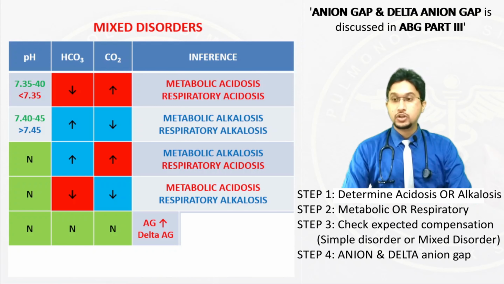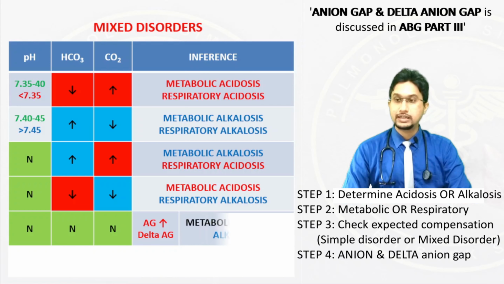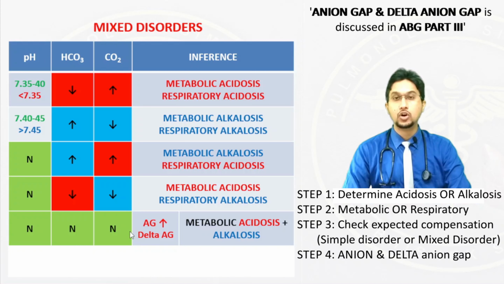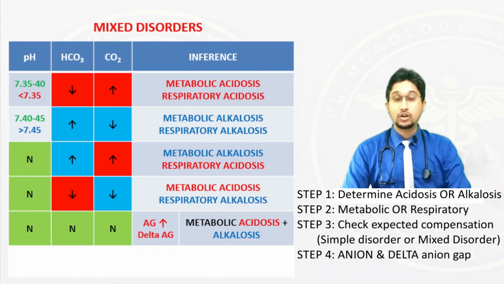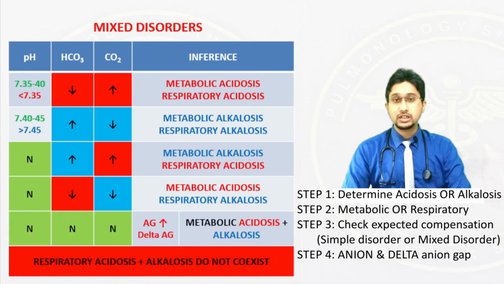So the moment your anion gap is elevated and delta anion gap is more than 1, it means that there exists metabolic acidosis with alkalosis. So do not forget to check the anion gap even if all the variables are within the normal range. And one thing you should always remember is respiratory acidosis and respiratory alkalosis never coexist together.